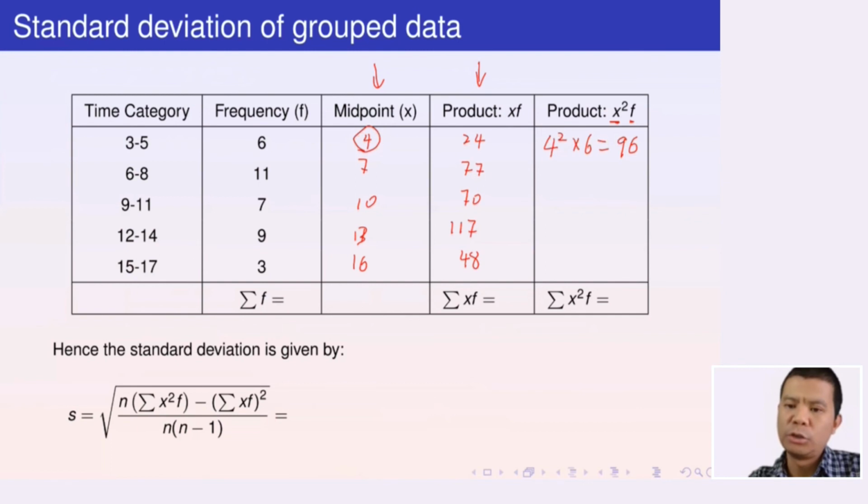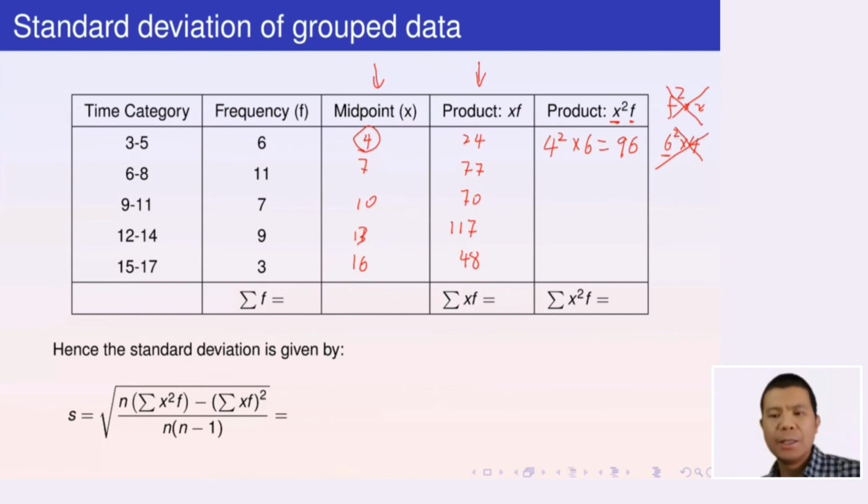If you used 6 squared times 4, where 6 is f and 4 is x, that would not be right. So be careful. It is x squared times f, not f squared times x.